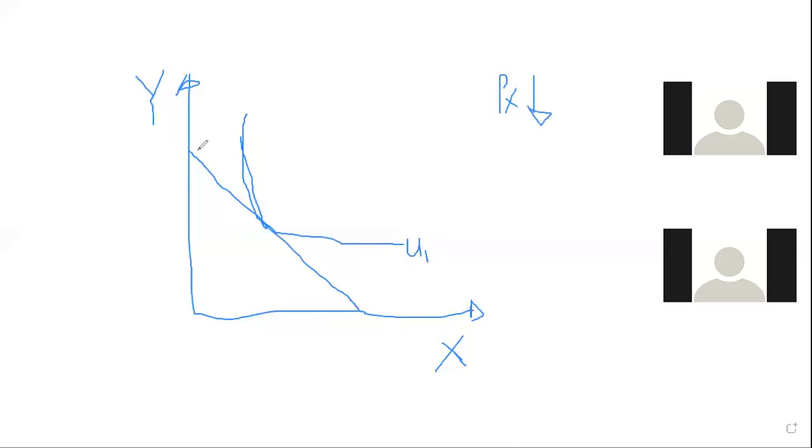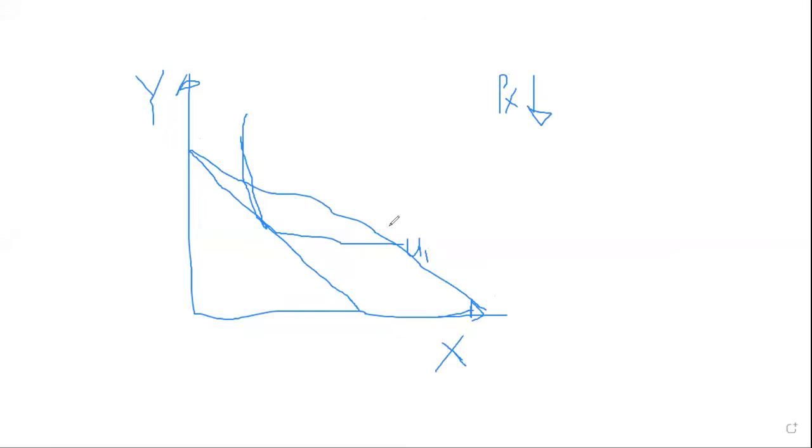So if the price of X comes down, from our earlier discussions on what changes the budget line, we know that the budget line is going to rotate outward that way. So now this is going to be tangent to a new indifference curve.